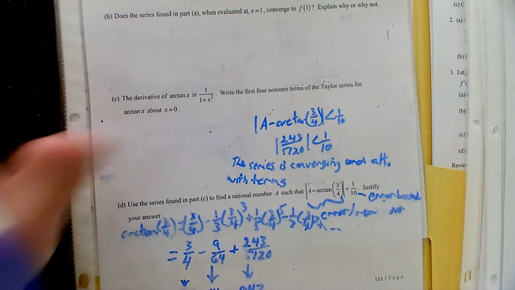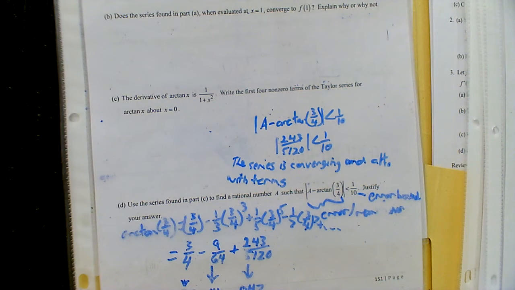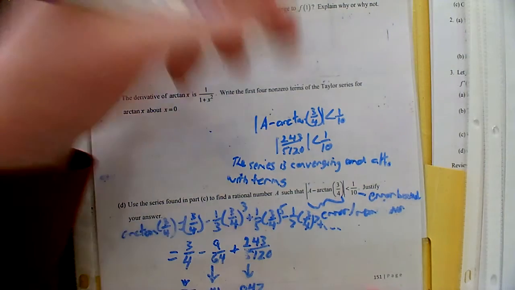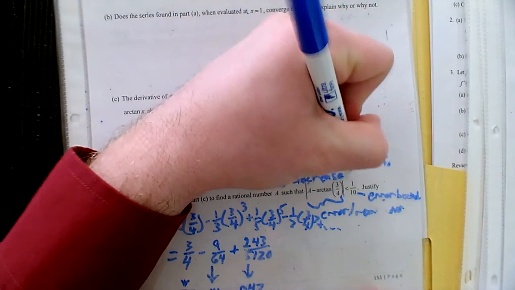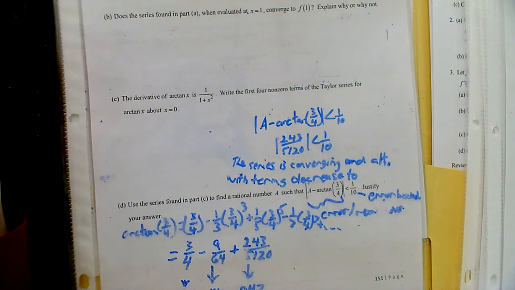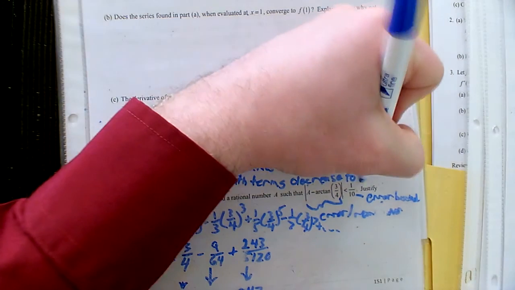Again, with the alternating series, what did those terms have to do? They did have to alternate. They had to do two other things. Decrease is one of them. Decrease to what? They had to decrease to 0.